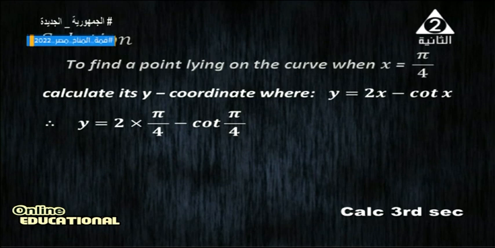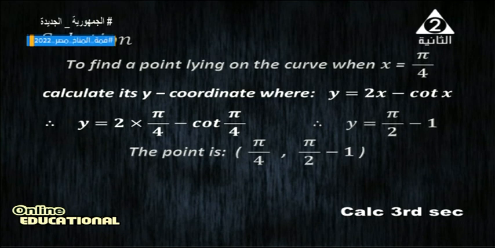We know that cot pi over 4 equals cot 45, which equals 1. Then y equals pi over 2 minus 1. Then the point of tangency is (pi over 4, pi over 2 minus 1). Now we have a point and we want to get the slope.